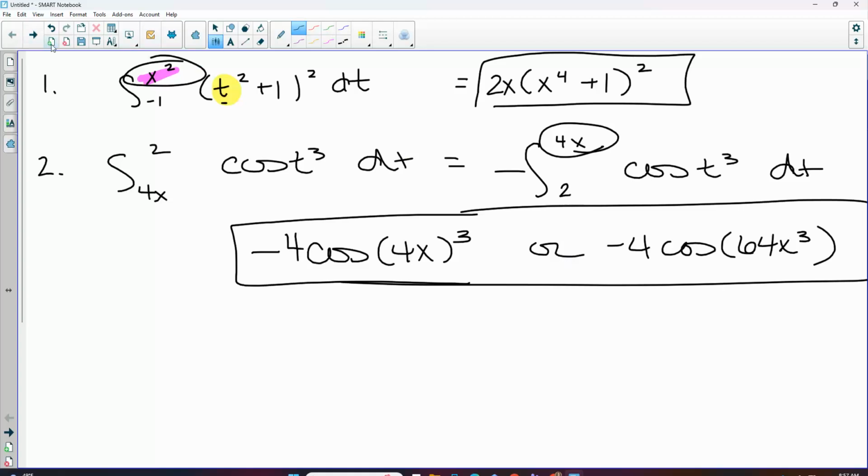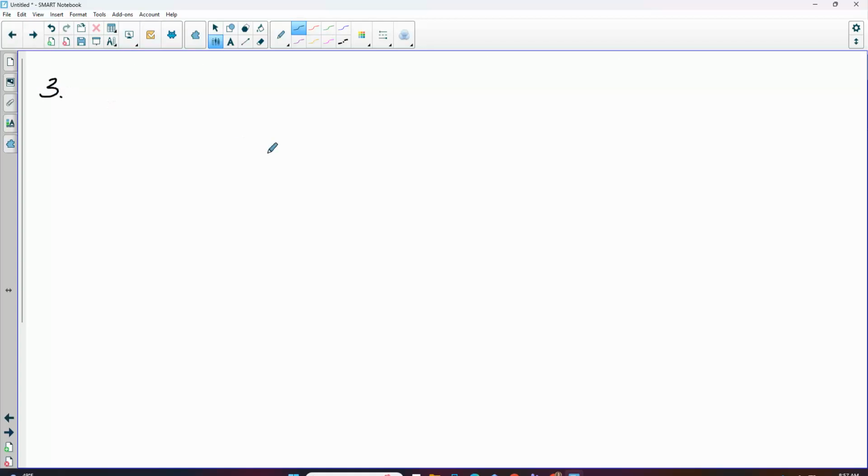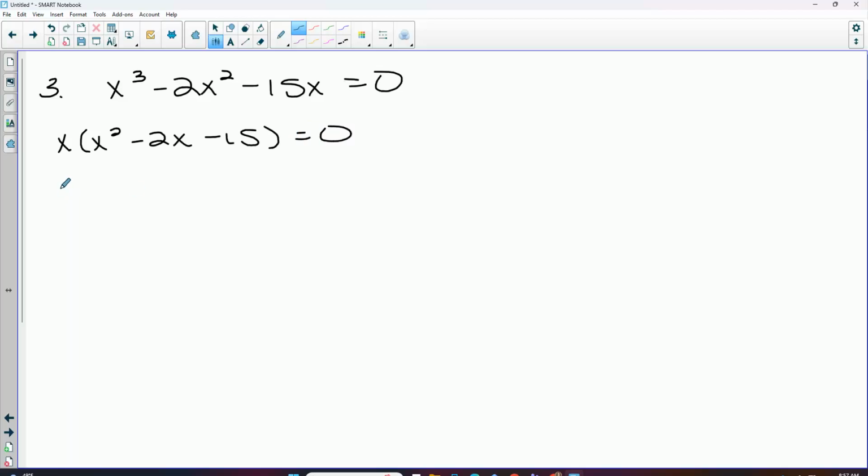Number 3, we want the area. So let's talk about where this hits the x-axis first. So take an x. That factors into x plus 3, x minus 5.